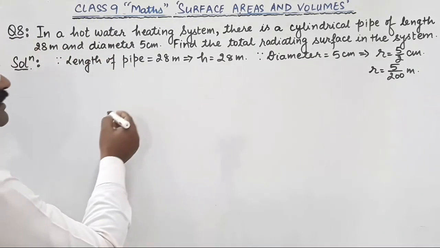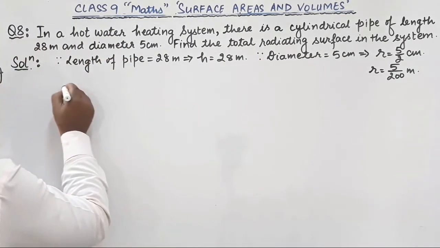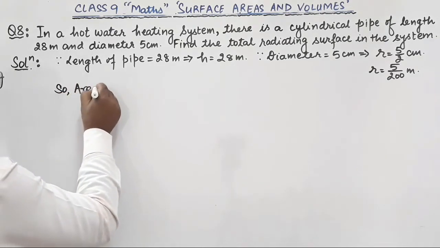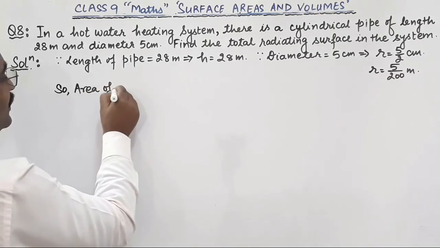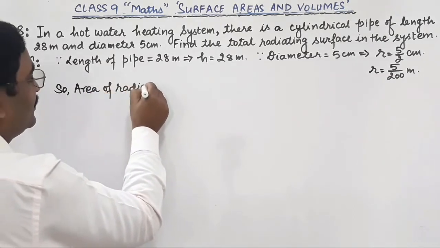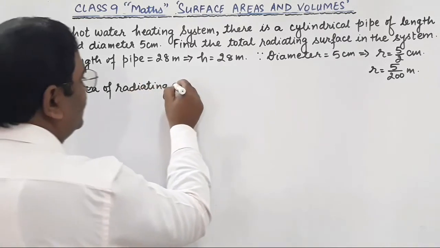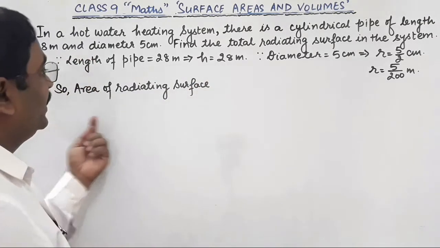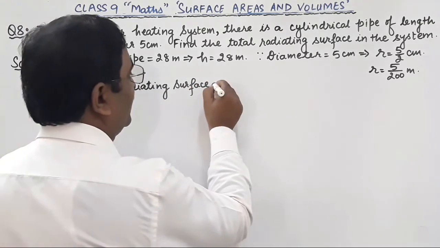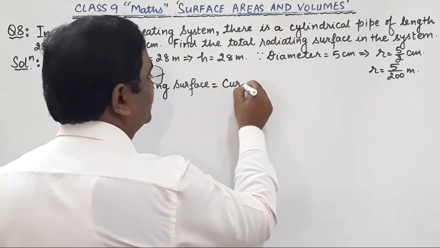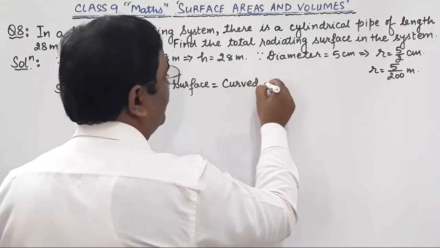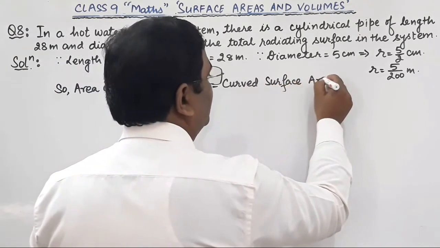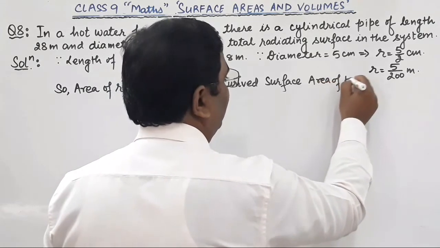So to find the radiating surface, area of radiating surface, we have to find out the curved surface area of the pipe.